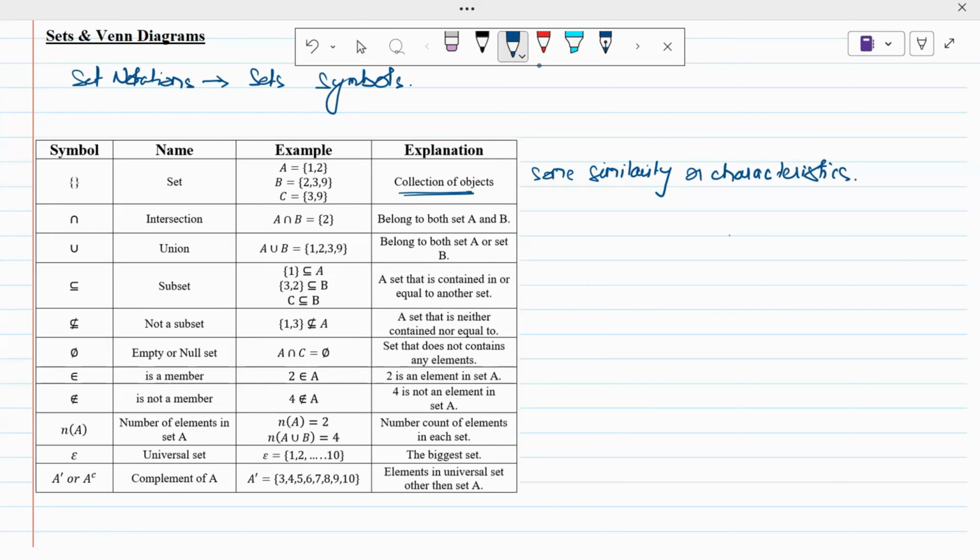How do we represent a set? We always represent a set by curly brackets.